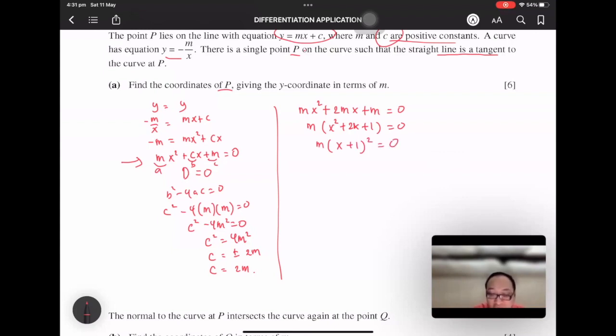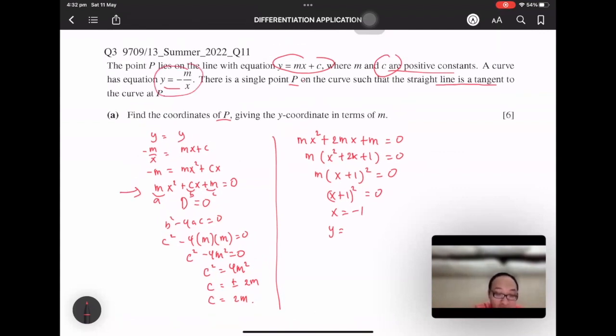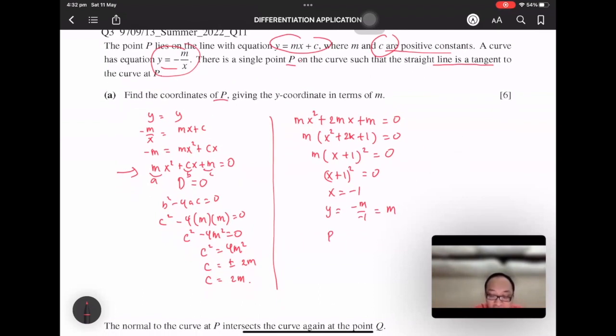Since m cannot be 0, x plus 1 squared should be equal to 0, and x equals negative 1. So x equals negative 1 and y will be, I put it into the curve, negative m over negative 1 equals m. So the coordinate of p will be negative 1, comma m.